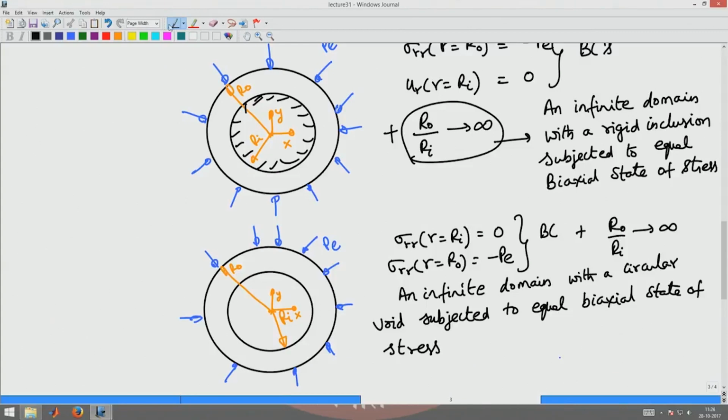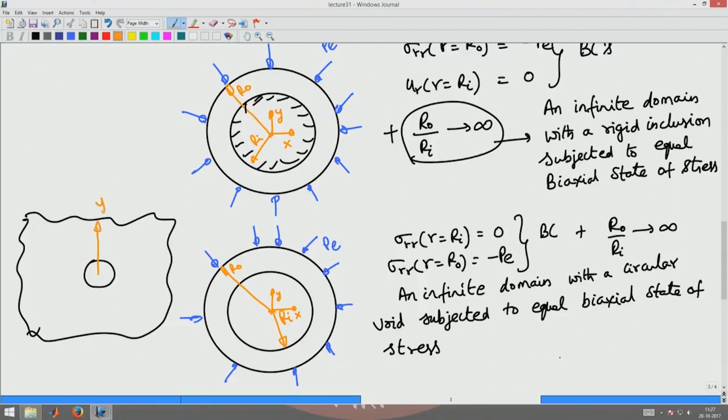Okay. This infinite domain means basically you have some domain like this which is extending towards infinity both in x and y direction, and you have a small void located at the center of the coordinate system. Okay.